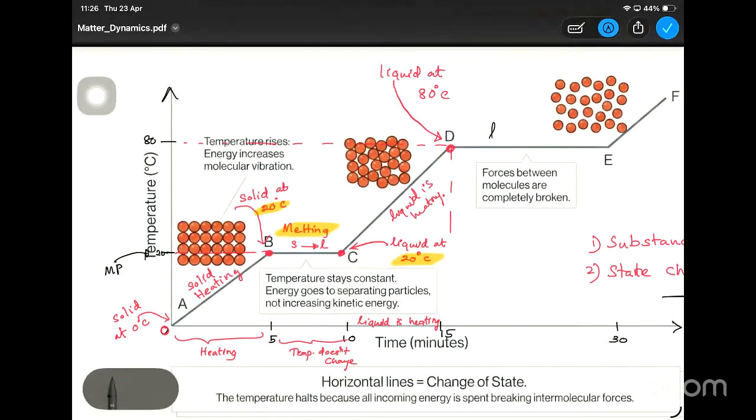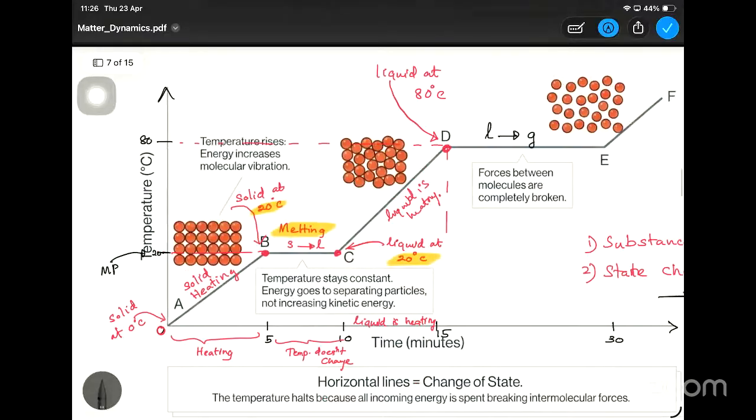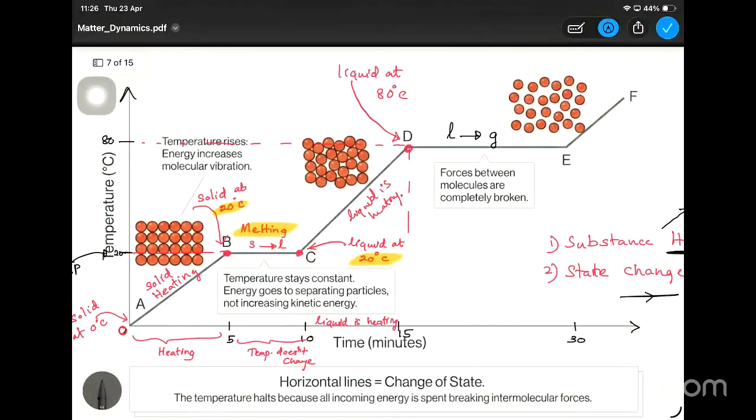The liquid starts to go to the gas phase, right? In this specific section, the temperature remains constant.